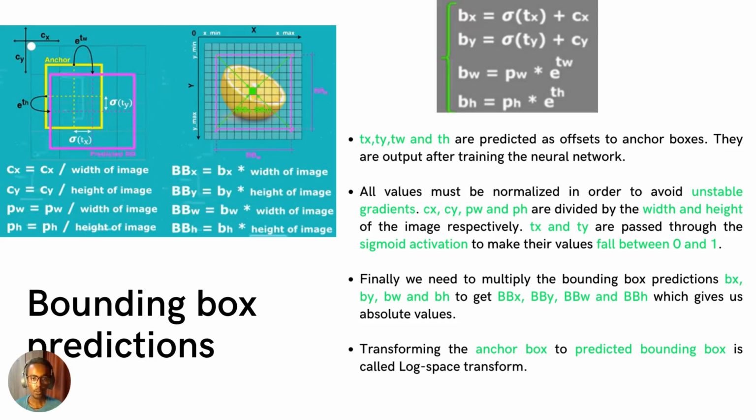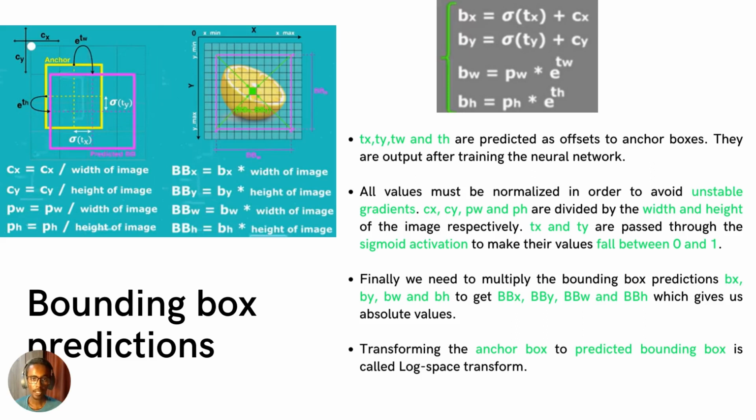And the reason we're doing this is because we don't want the values to be outside of the range of 0 and 1. And we're going to do the same for the Tx and Ty coordinates, which are going to be passed through the sigmoid activation function, which is represented on the image on top.